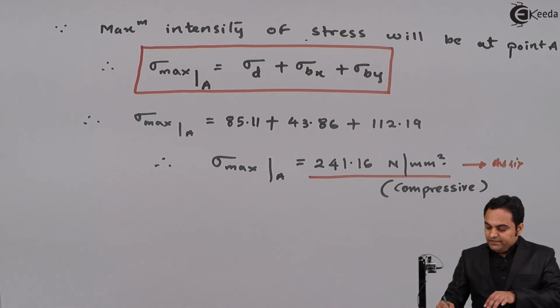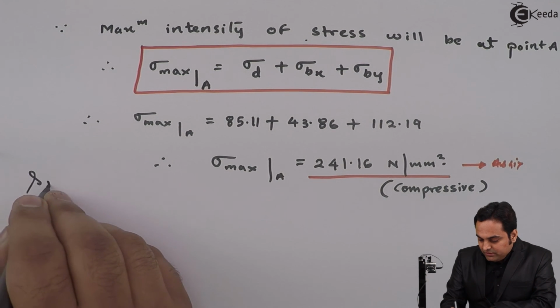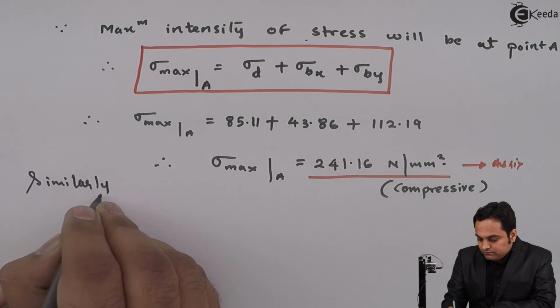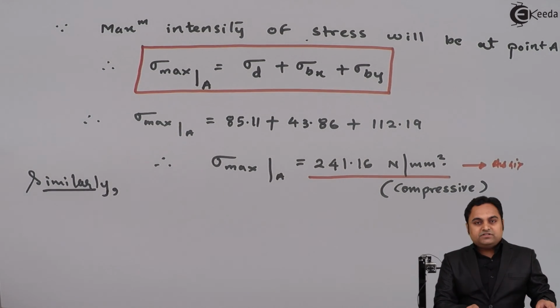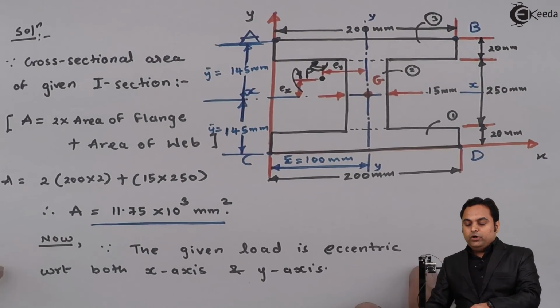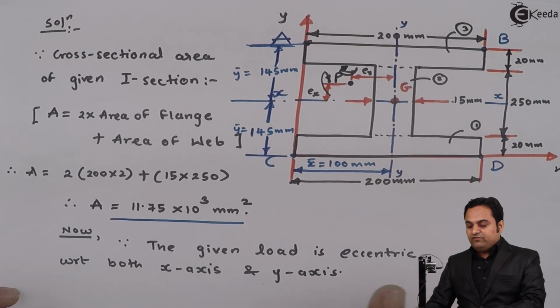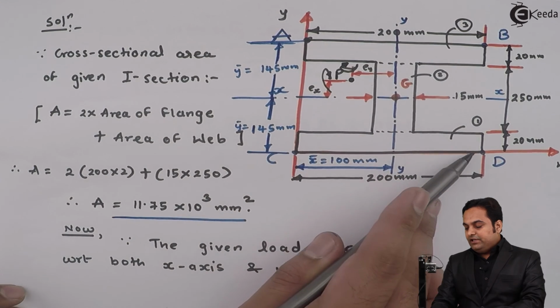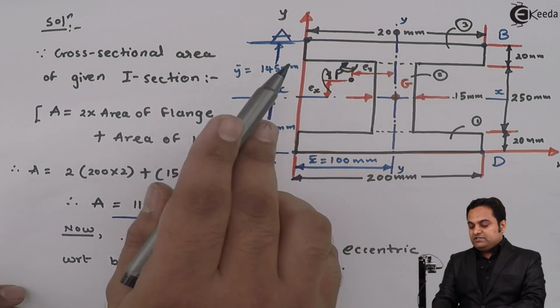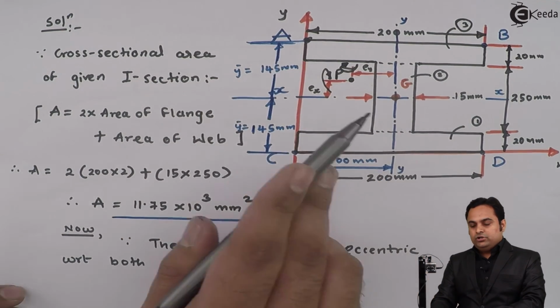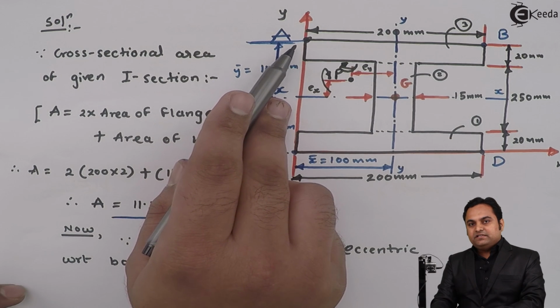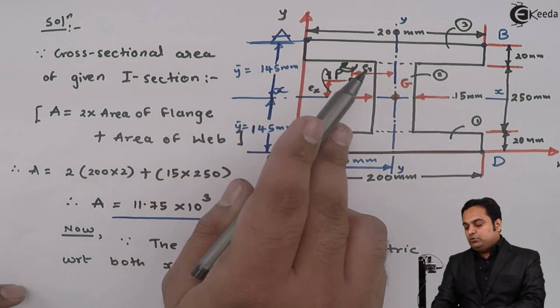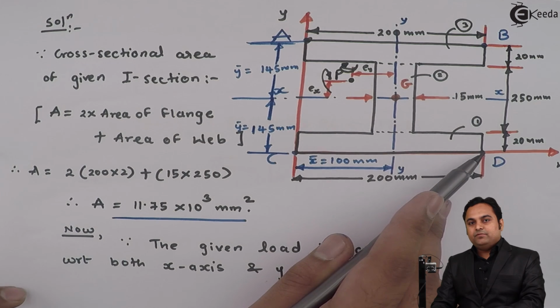Next I'll write down similarly. Here the point which is far away from the load is point D, which is exactly opposite, because at a point if you are getting maximum stress, the opposite corner will have minimum stress.